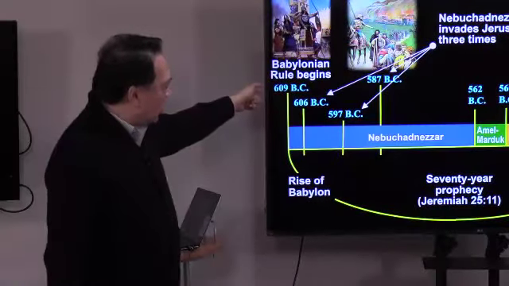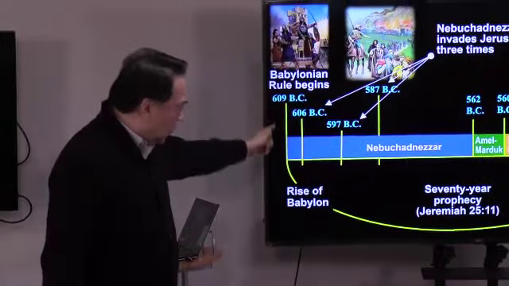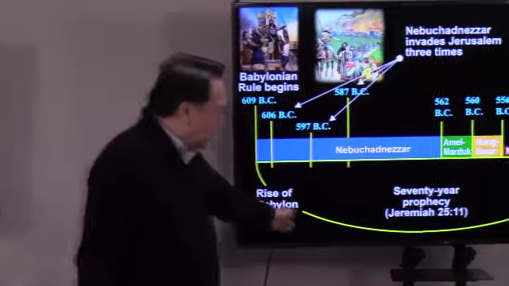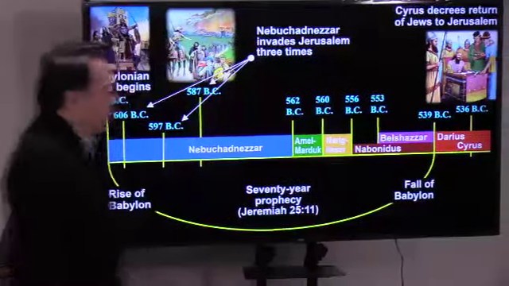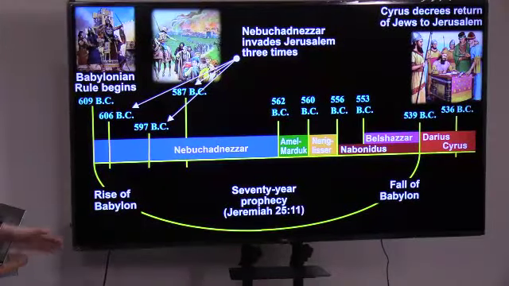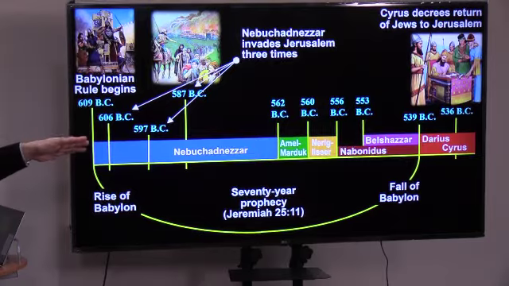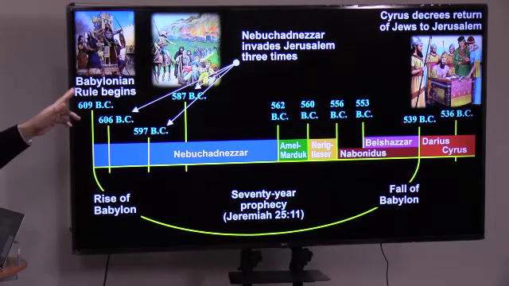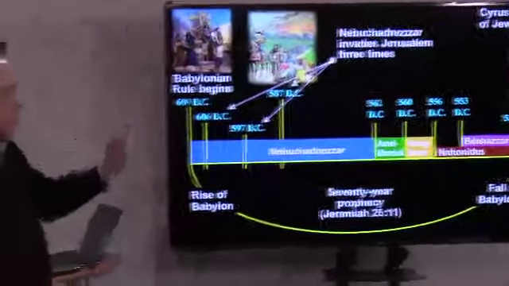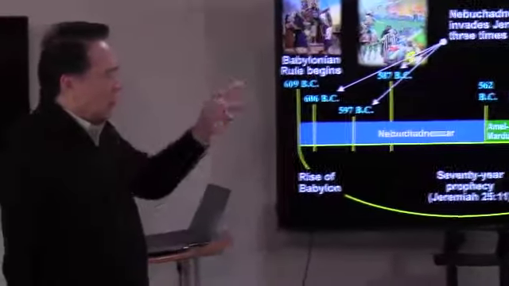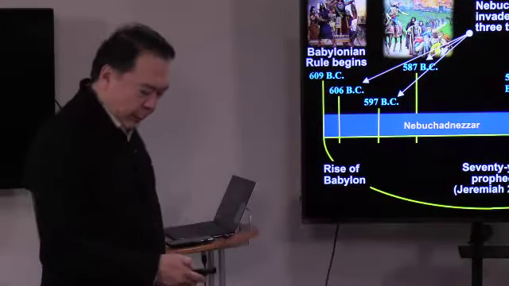So Babylon's rule begins in 609, and it lasted for 70 years until it fell in 539 BC during the reign of Belshazzar. And you know what happens after the fall of Babylon? Cyrus the Great, the Medo-Persian ruler, decreed the return of the Jews to Jerusalem, and he rebuilt the temple in 536.